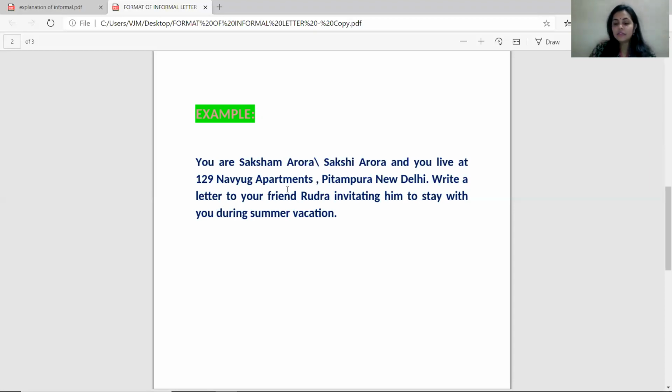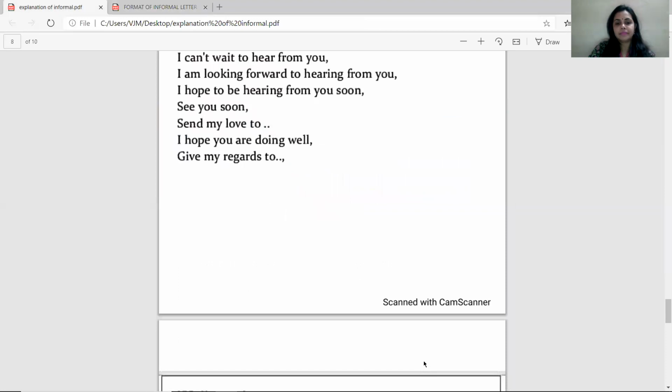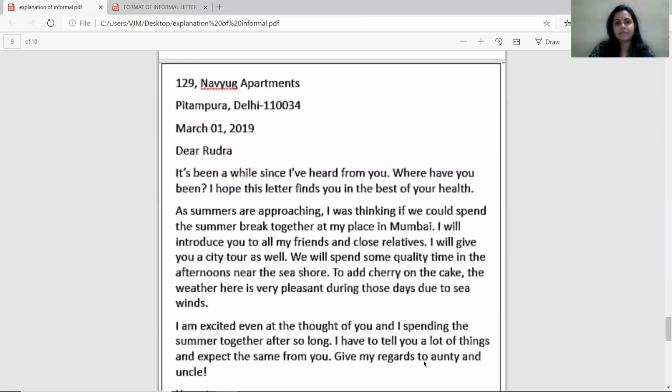As I told you before, a few things would be in the questions and a few things you have to write on your own, for the format also and for the content also. So how our letter will proceed, just see. Yes, as you can see here, 129 Navjuk apartment.